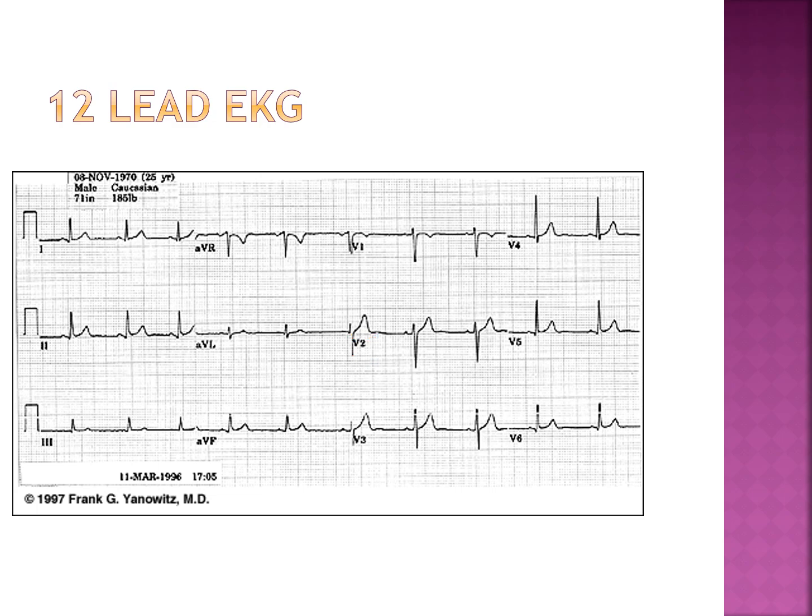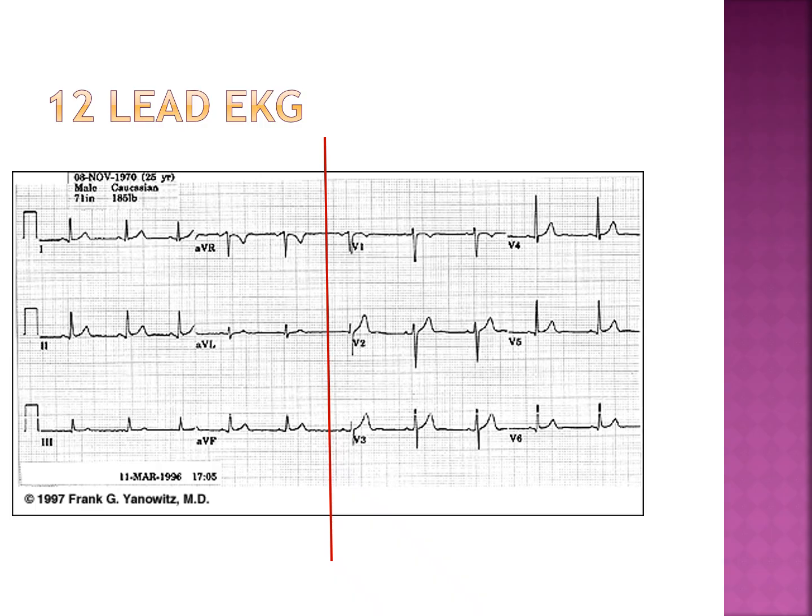And so remember I said earlier that we have limb leads and we have chest leads. Limb leads are bipolar, chest leads are unipolar. And so if we divide our EKG from the Roman numerals to the regular looking numbers, then we can figure out where our limb leads are versus our chest leads.